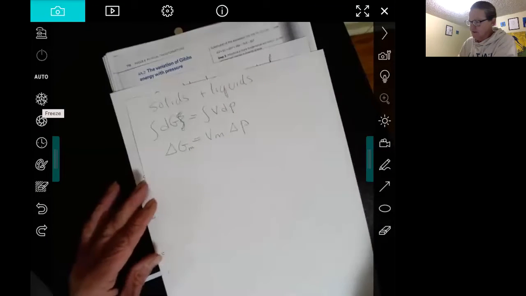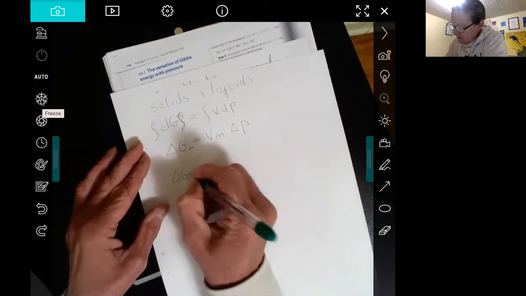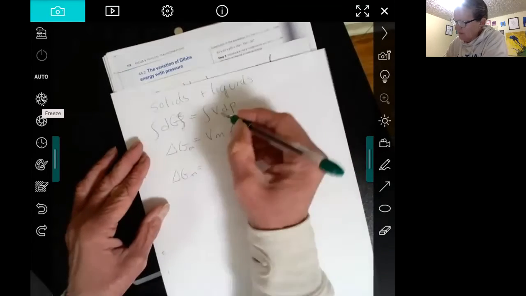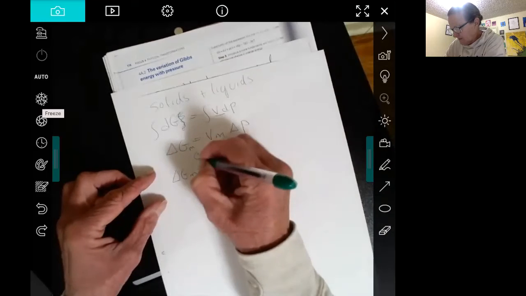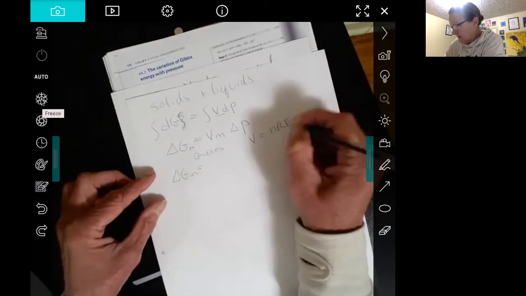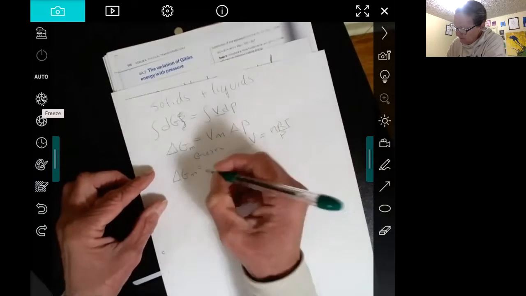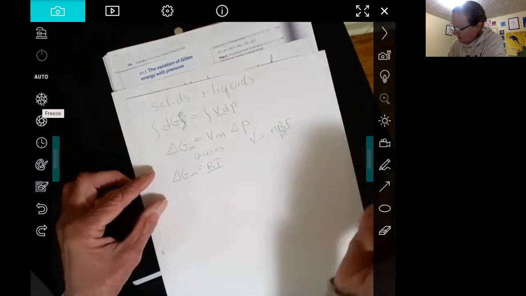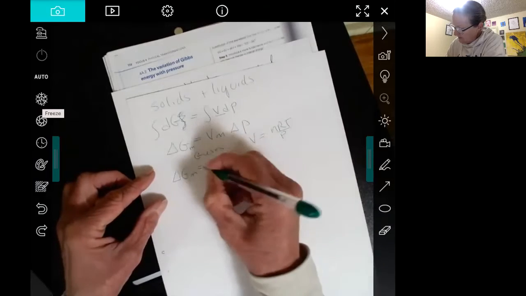What happens if it's a perfect gas though? So then it's still going to be dG, but when I look at this, V is a function of P. So for gases, V equals nRT over P. And so if I put that in, if it's molar, then it's RT over P dP.